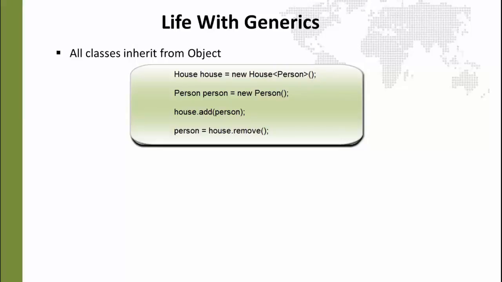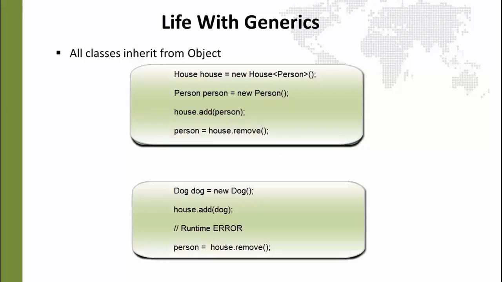I add the person to the house, which is fine. In this case, the signature for this add method will look a little bit different. It would have a T for the type, but ignore that for now. And then I can remove the person. Now when we get to the dog example here, we are doing the same thing. We're adding the dog, and actually what's going to happen here is we are going to get a compile error.